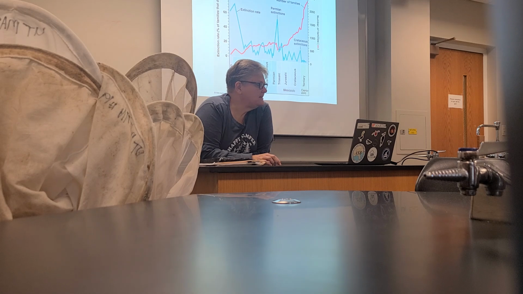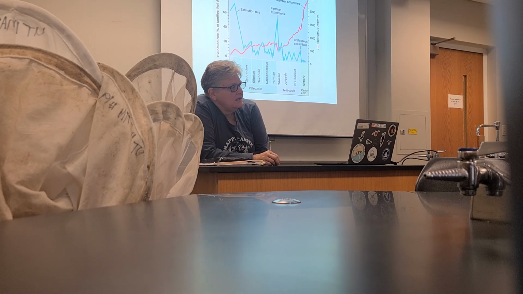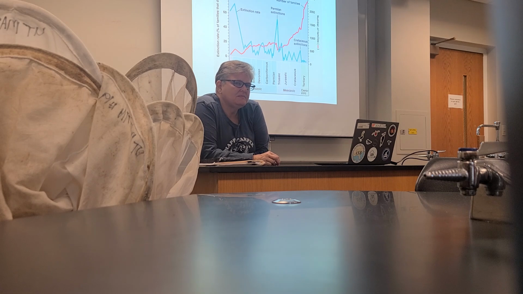One of the points of this particular graph is it's hard to work with the fossil data at times because you can't often take fossils down to species, for example, so you have to work at higher levels of taxonomy, which you can do a little bit more reliably with fossils.